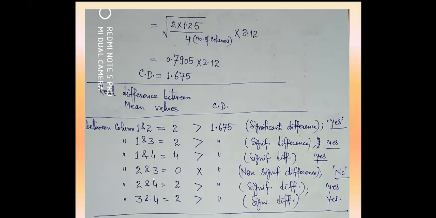So it is also quite easy to know which of the two groups are showing significant difference and which groups are not showing significant difference. It's quite easy to do, and this particular calculation is quite useful because simply knowing that ANOVA shows significant difference does not serve the purpose.